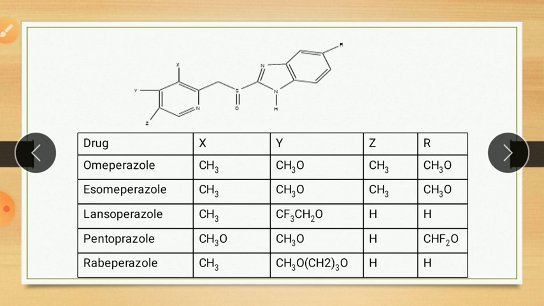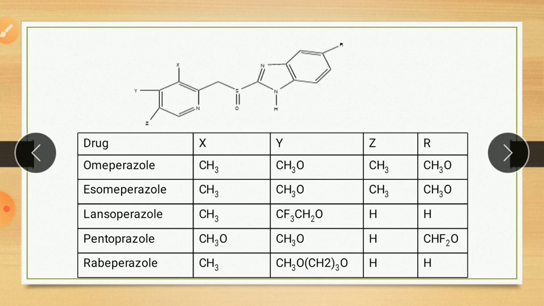So depending upon the pKa value of nitrogen, for example in case of omeprazole, lansoprazole and rabeprazole, the pKa values of these drugs are higher, 0.6 to 0.9, therefore they undergo a fast activation process as compared to pantoprazole, which has a lower pKa value and undergoes activation slowly.